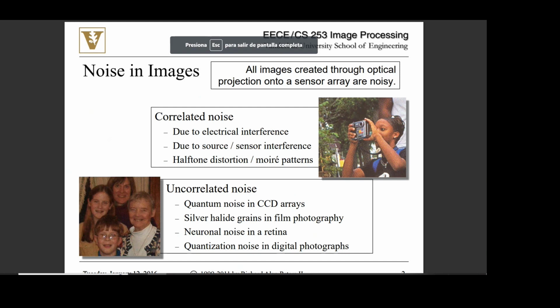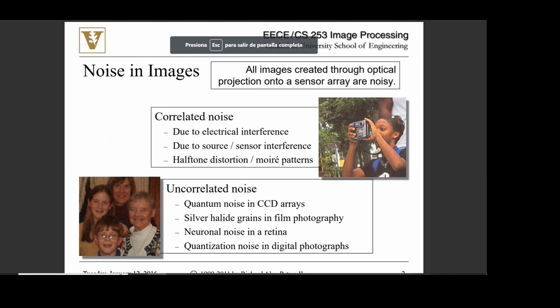Okay, correlated noise. Correlated noise means that given a sample, you know a bit about what's happening somewhere else. Look at this image where we have interference. Given the noise that you have at a point, you know what is happening at very far points, because this noise is very much correlated.